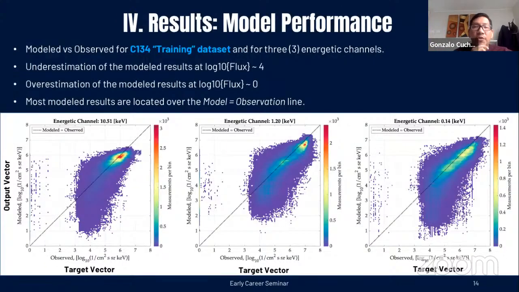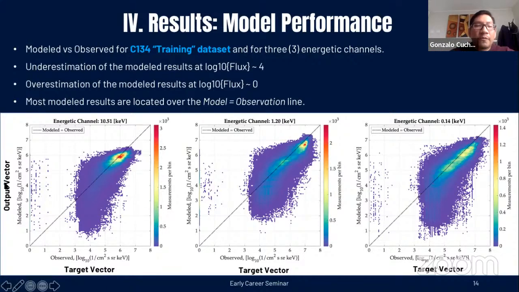Okay, so I'm going to show you some results first about the model performance. This is the typical plot that you will observe when you have a machine learning regression model. It is a comparison between the output vector, which is the output of my system, and the target vector, which is the observed data, the in situ measurements.